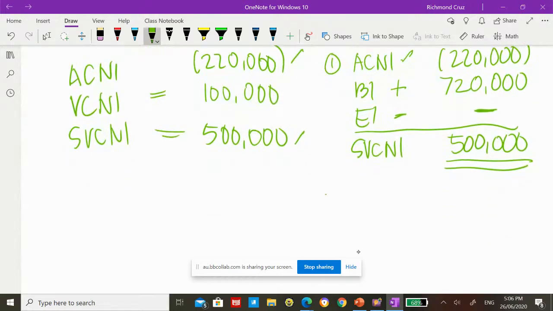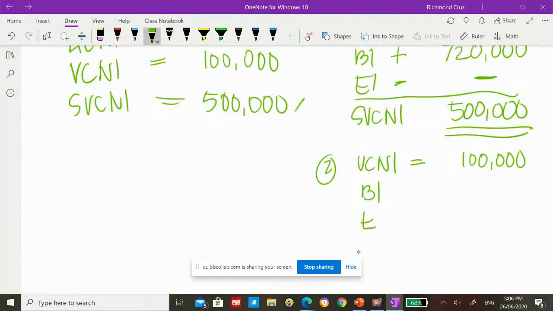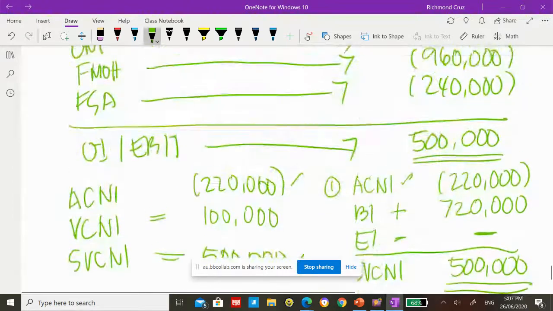Next, from the regular variable costing net income to super variable costing net income. This is 100,000, then beginning inventory, ending inventory, then the super variable costing net income. Just like the absorption, we add the beginning inventory and deduct the ending inventory. Question: what is the reconciling item?